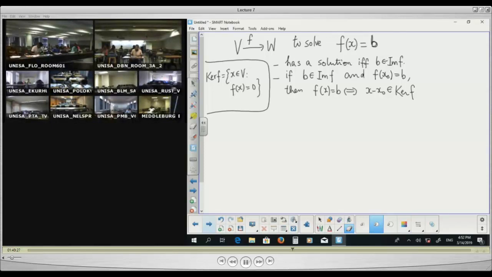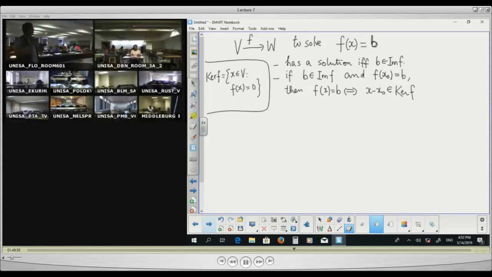Okay? So now I am saying f of x shall be equal to B, because if you tell me f of x is equal to B and f of x naught is also equal to B, then f of x minus f of x naught is equal to 0. But linearity tells me f of x minus x naught is 0. So doesn't that make x and x naught equal? No, I didn't say so.